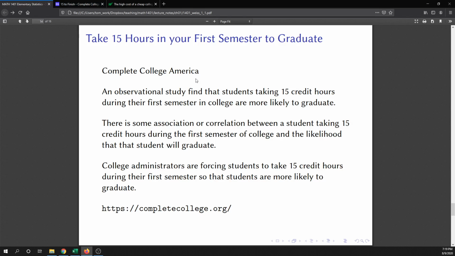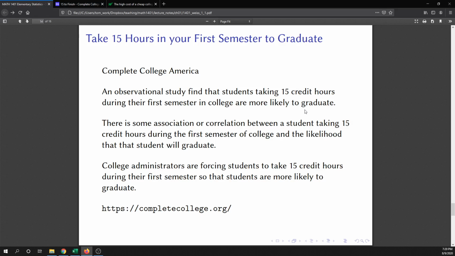So that's fine. One of the reasons is probably that if you can take 15 credit hours, then you're probably not working a full-time job as well, or have other responsibilities like a family. Those students who are able to take 15 credit hours maybe have less responsibility than those students who can't do that.